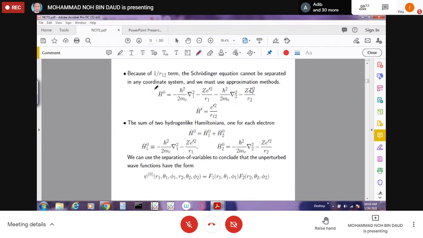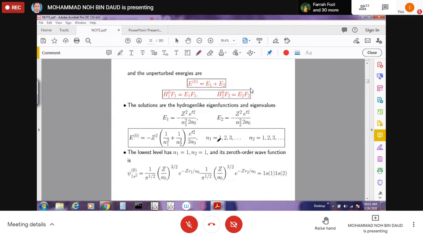As I mentioned earlier, H here is the sum of these two hydrogen-like Hamiltonian operators, so you can write it in this form. And the product here comes from the solution of two individual Schrödinger equations for hydrogen-like atoms.